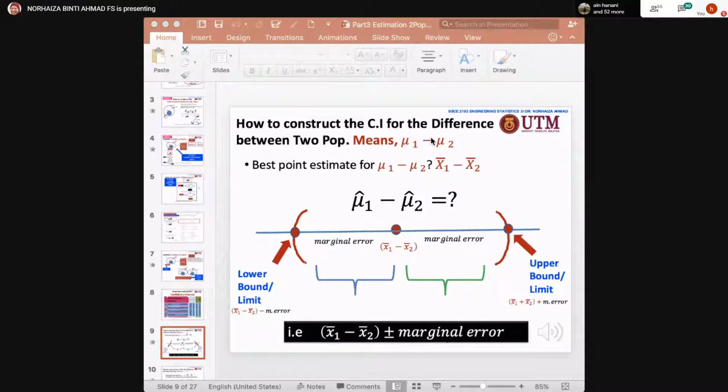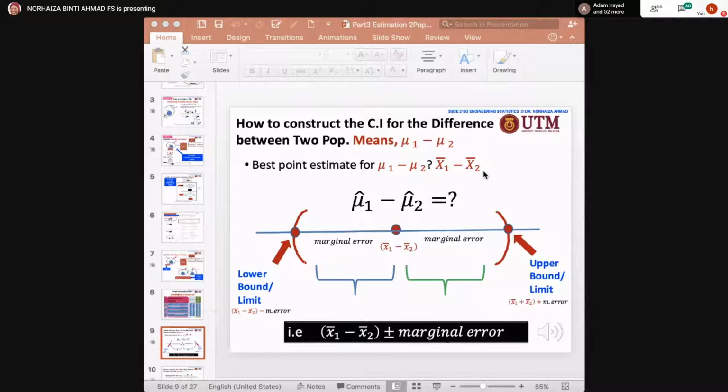So for the difference, your best point estimate is x bar 1 minus x bar 2. The reason for this, as I discussed in the last lecture, is that these statistics are picked as the best point estimate because they are unbiased and efficient estimators.